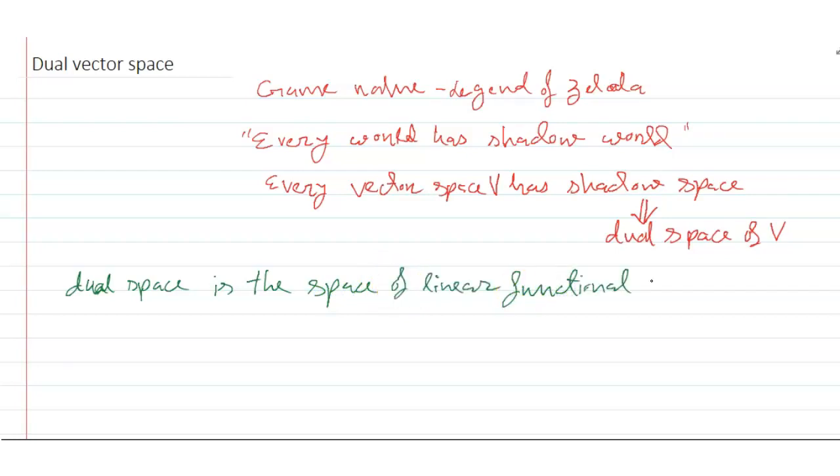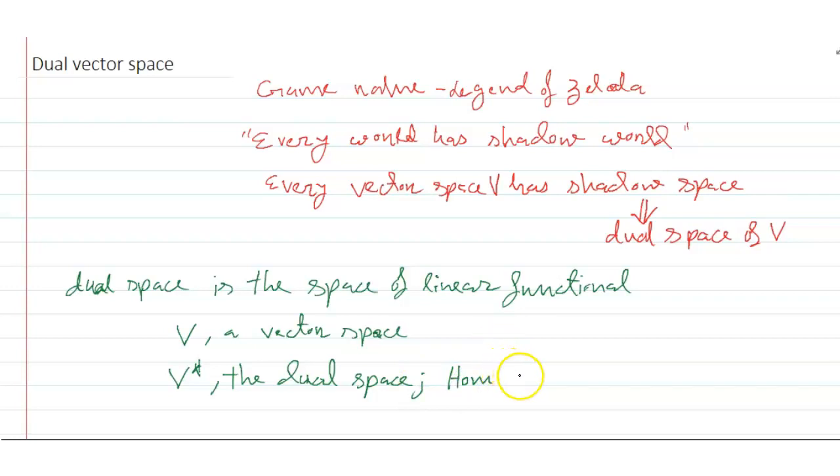So to define the dual space, you have got to start with a vector space V. V star, the dual space, is the set of homomorphisms of V to R, where R is a field.